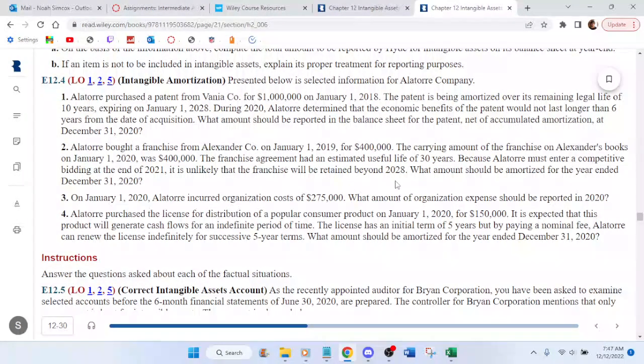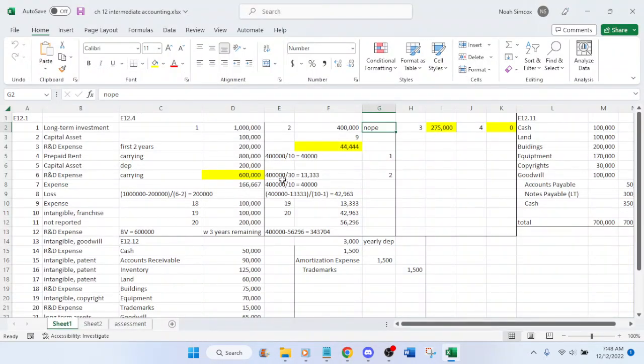Are they just saying that they reported it wrong? Just go back and fix it. What they should have done is they bought it for 400,000 with a remaining life until 2028, but they didn't even know that until 2020. They're saying for this question include 2019.